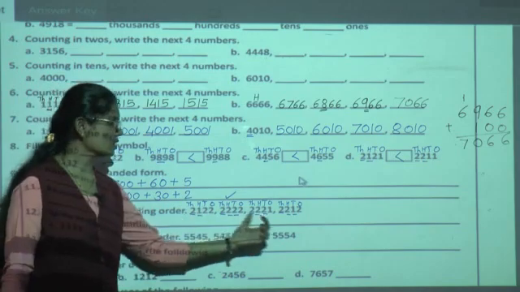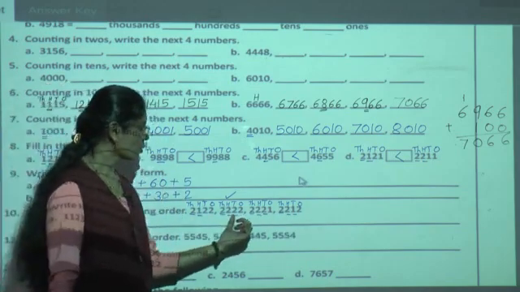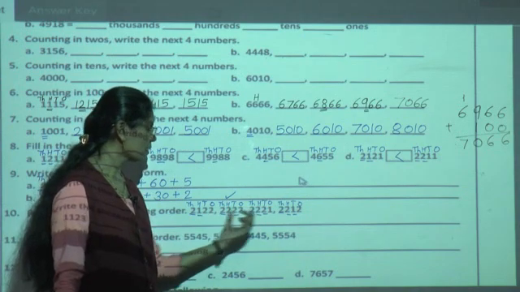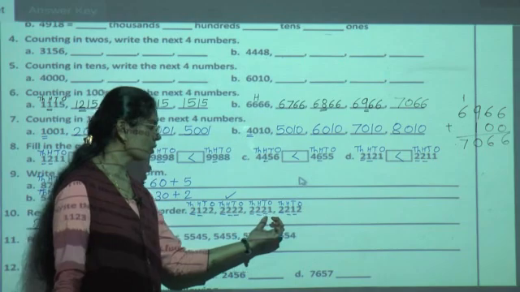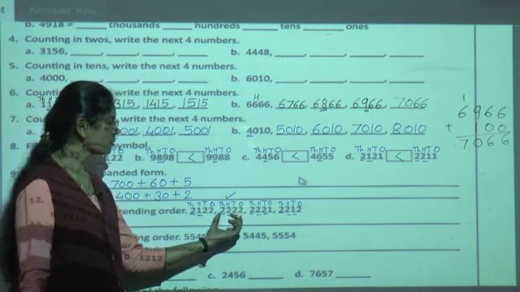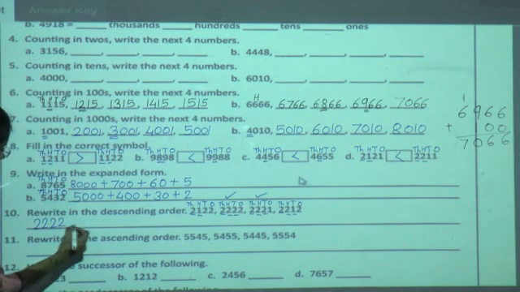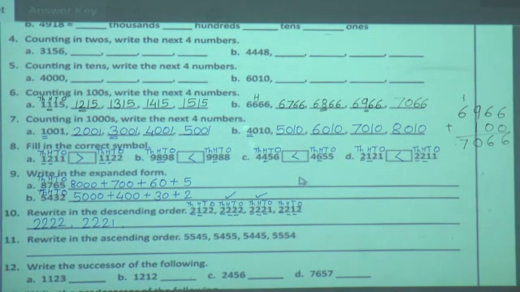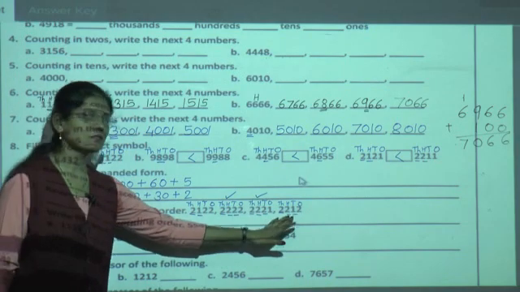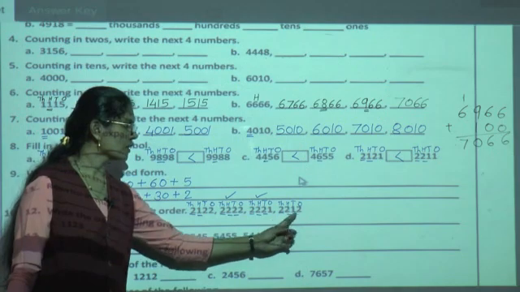Now we will see the remaining 3 numbers. Okay. After 2222, the next number is 2221. So after this number will come 2221. Now which two numbers are remaining? This 2122 and 2212.